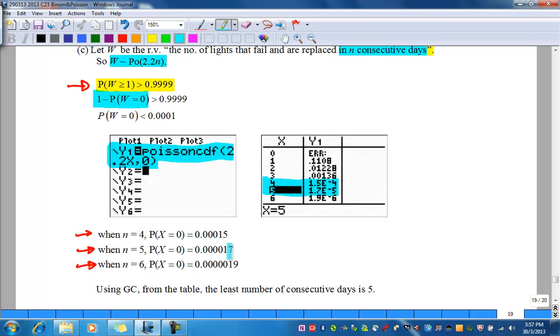But we need to take note that this is the first value where the probability is 0.000017, which is less than 0.0001, and corresponding to that, it is 5. Therefore, using the GC from the table, the least number of consecutive days is 5.